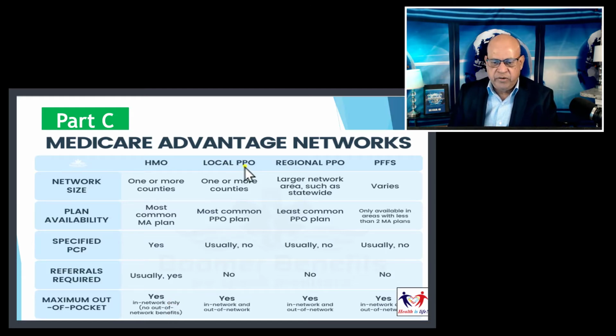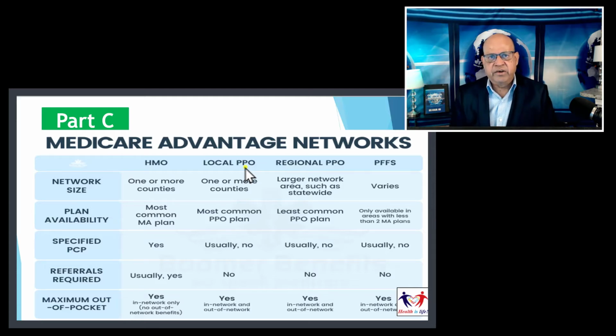The PPO is a preferred provider organization. It is also a network of Medicare recipients and providers, primary care doctors and specialists. They all belong to the network group. As a result, if you need to see a specialist, you don't need a referral from the primary doctor. You can simply call their office, set up an appointment and see them.